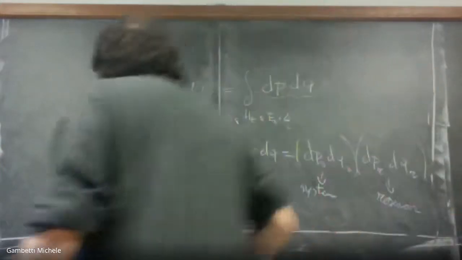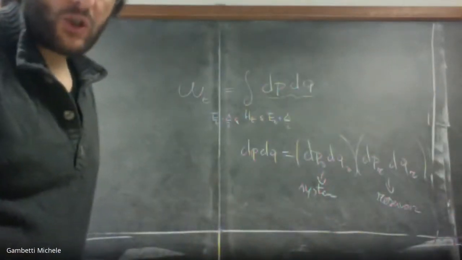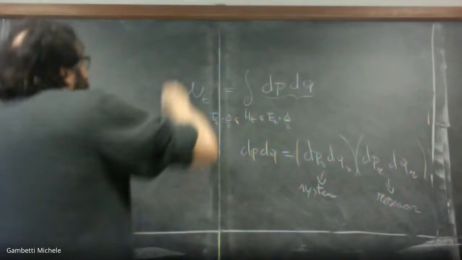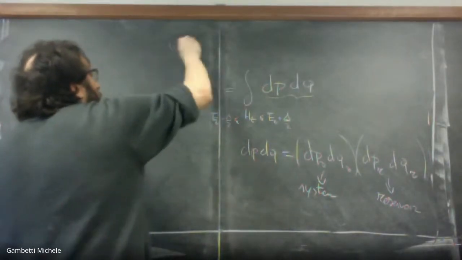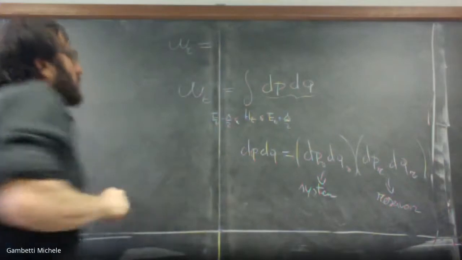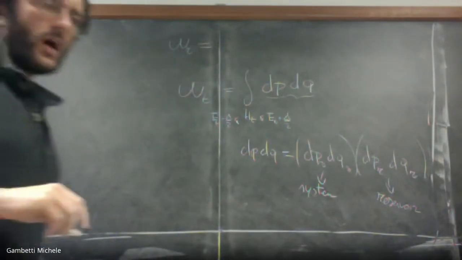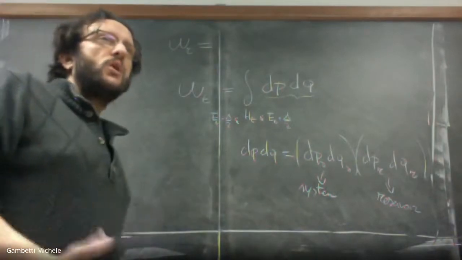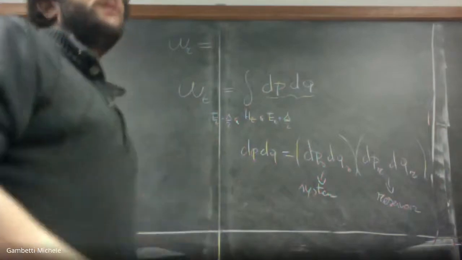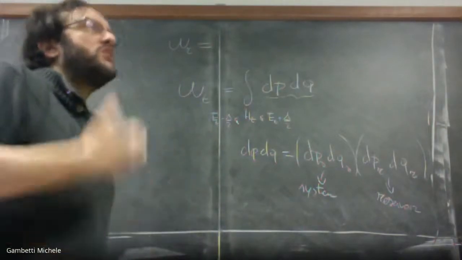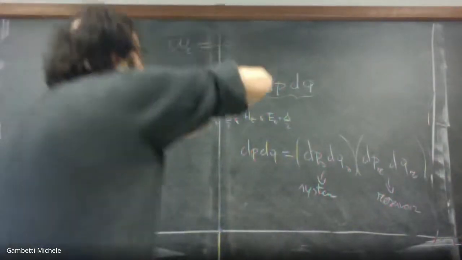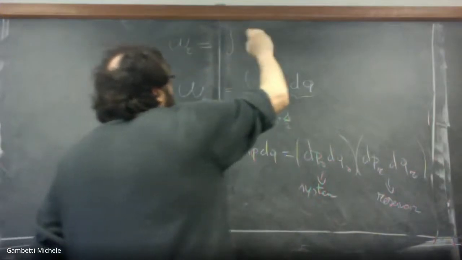Now I can also introduce, and this is an approximation, although a very good one for a reason that we will understand in a moment, a similar structure for the reservoir, because the reservoir is almost coincident with the total system, since the system S is much smaller than the reservoir. The number of particles is much less. So in principle I could introduce a microcanonical ensemble also for the reservoir.